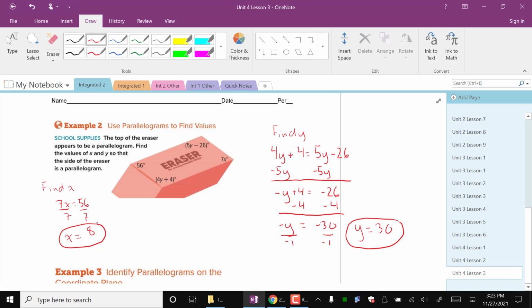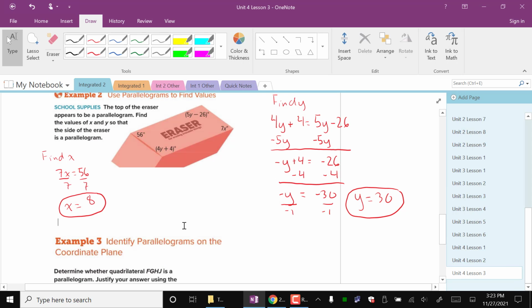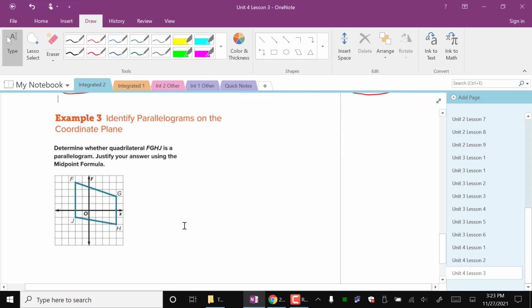Now let's take a look at example 3. We want to identify the parallelogram on the coordinate grid. So we're going to use our midpoint formula that we did at our launch. We're going to start off with finding the midpoint of GJ.